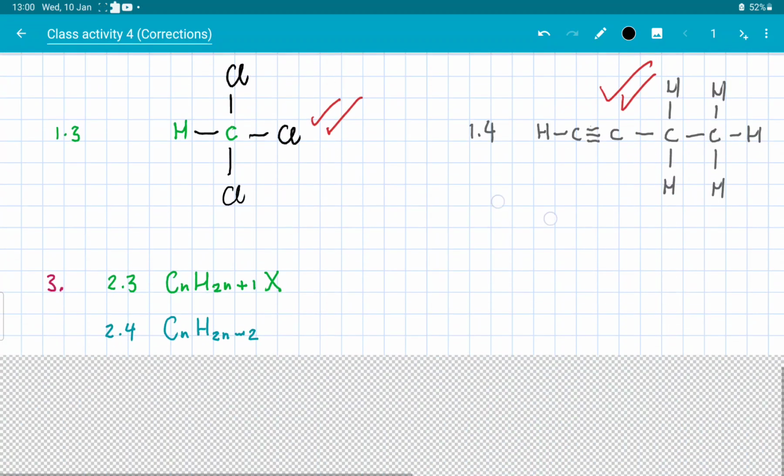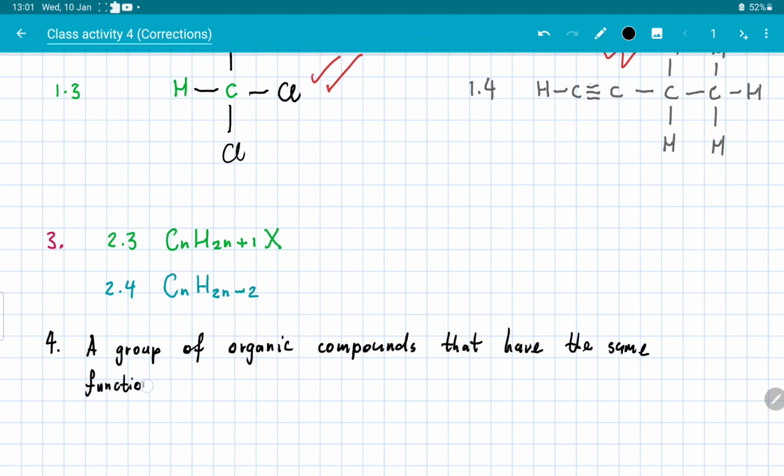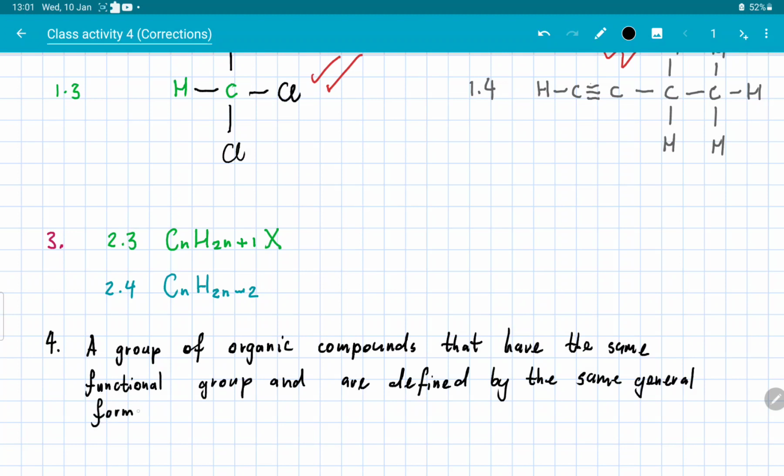So let me go and write it there. A group of organic compounds that have the same functional group and are defined by the same general formula.